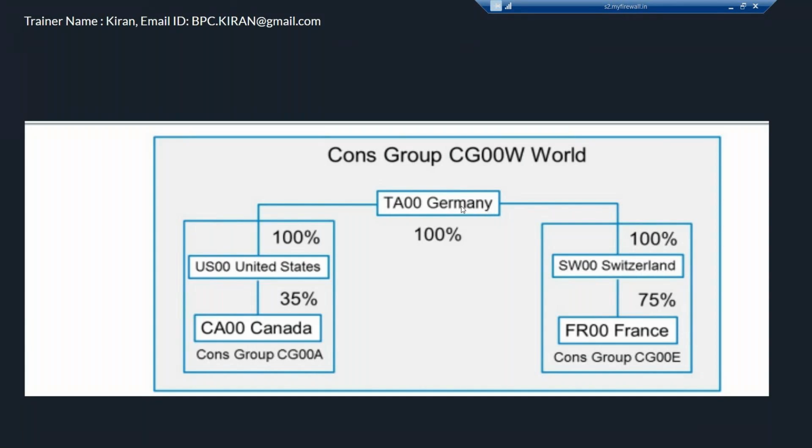Germany, United States, Canada, Switzerland, France, and also some investment relationships. So Germany invested in US 100%. Germany invested in Switzerland 100%, and US invested in Canada 35%. Switzerland invested in France 75%.